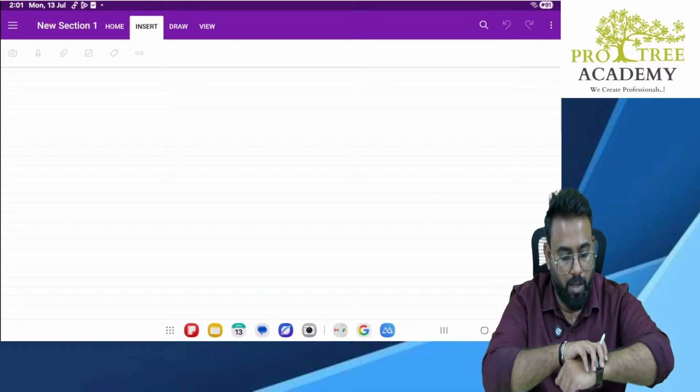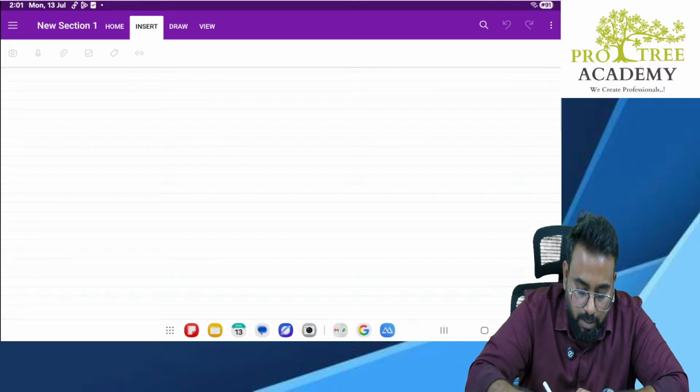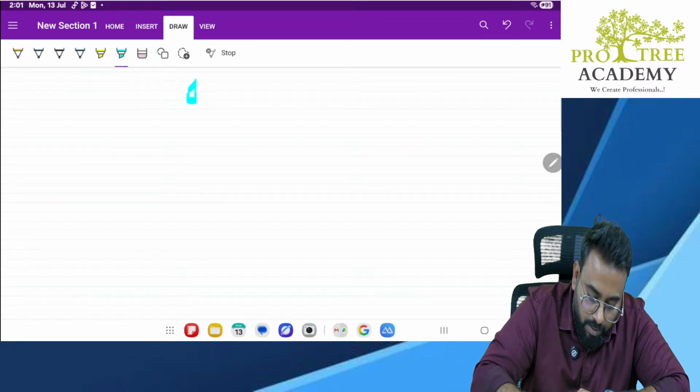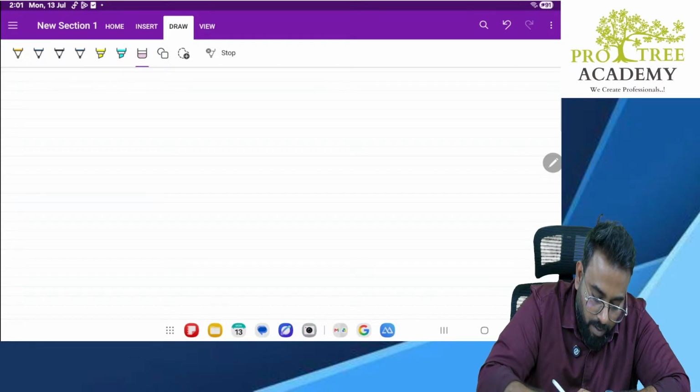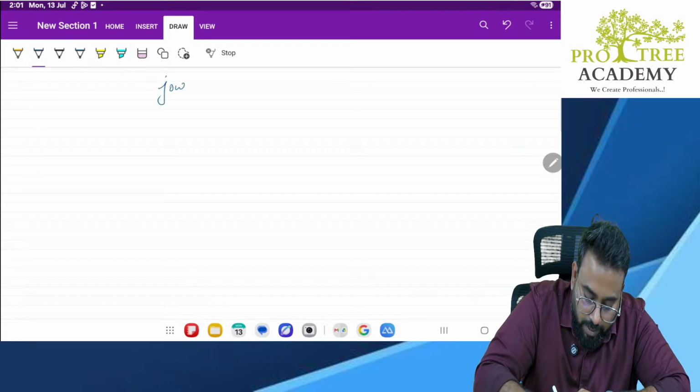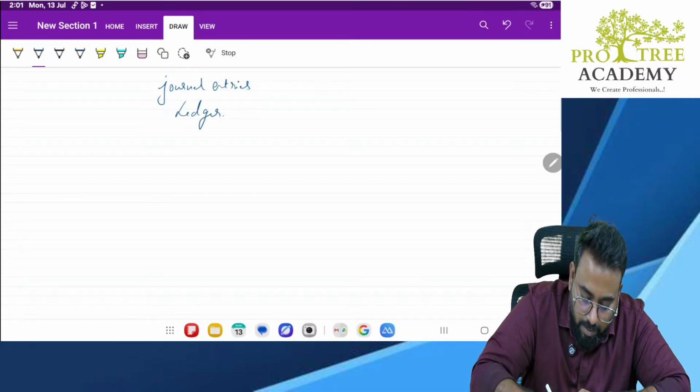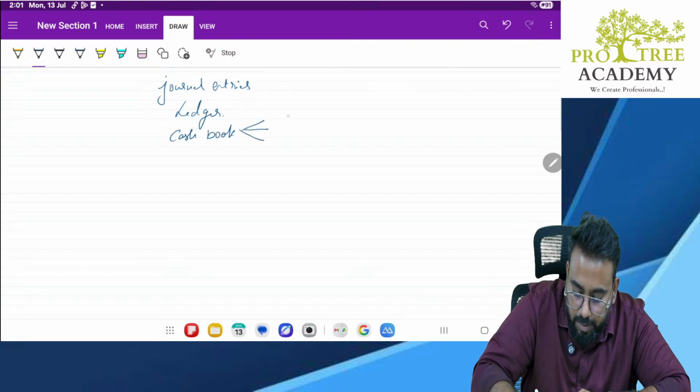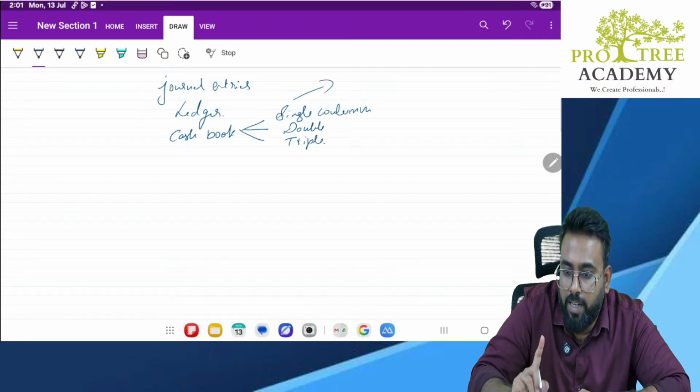Okay. So in the previous class we discussed passing the journal entries, then ledger, correct? Cash book, how many types? Single column, double, and so in single there will be only one amount column.